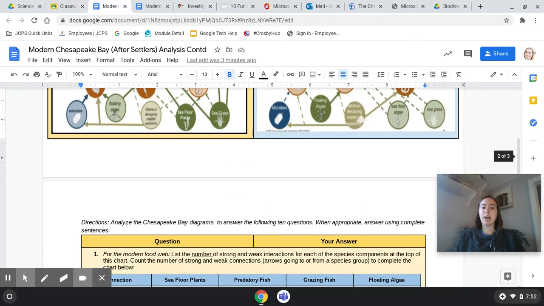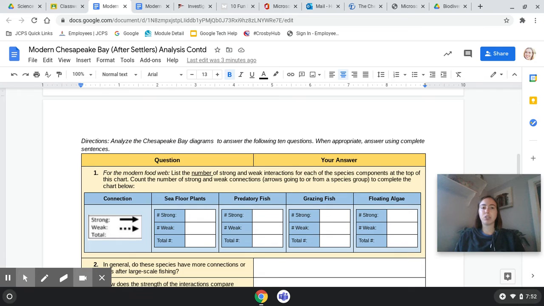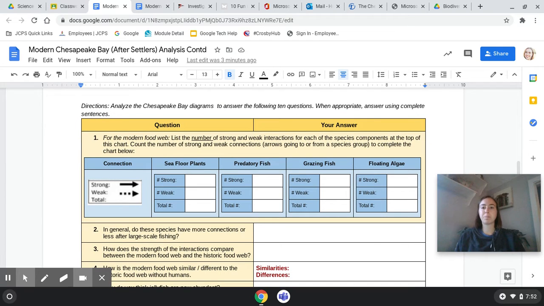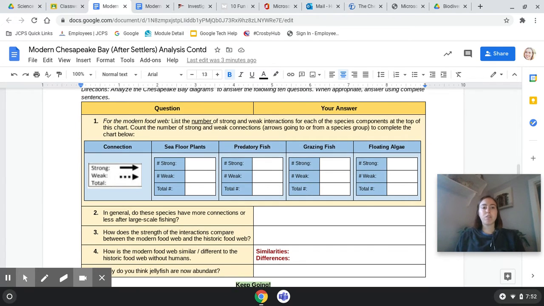When you scroll down to the second page, you'll see your first question. The first question says, for the modern food web. So we know we're going to be using the modern food web to answer this question. List the number of strong and weak interactions for each of the species components at the top of this chart.